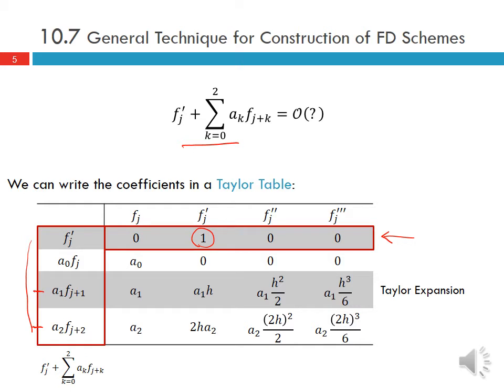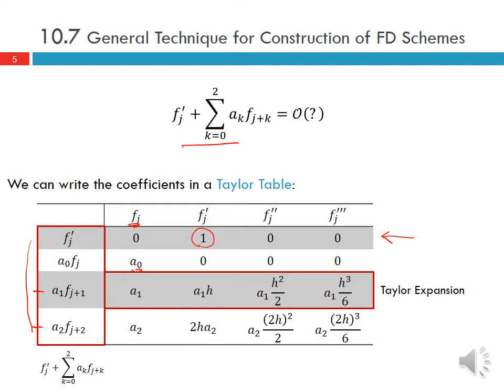So again, we said the first row is fj prime. The second row is a0 fj, which is just going to be a0 times fj. And then a1 fj plus 1, we write this as the Taylor series expansion about the point fj. So it's a1 fj plus a1 h fj prime plus a1 h squared over 2 times fj double prime plus a1 h cubed over 6 times the third derivative at fj.